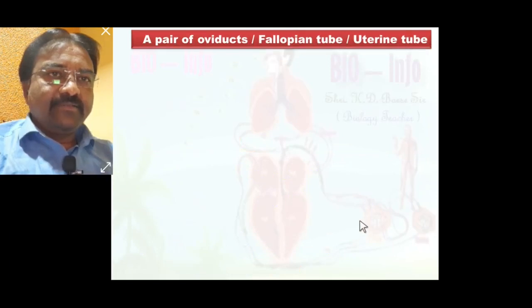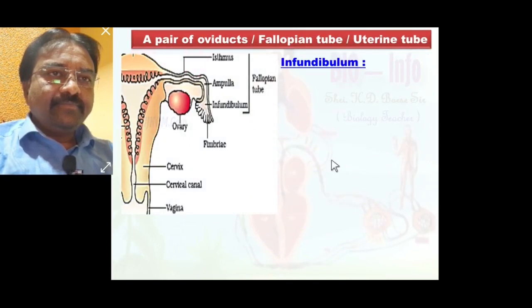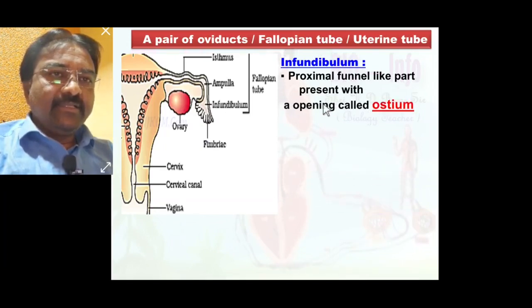The first part is known as the infundibulum. You know that the infundibulum is the proximal end of the oviduct. The proximal funnel-like part is present with an opening called the ostium.